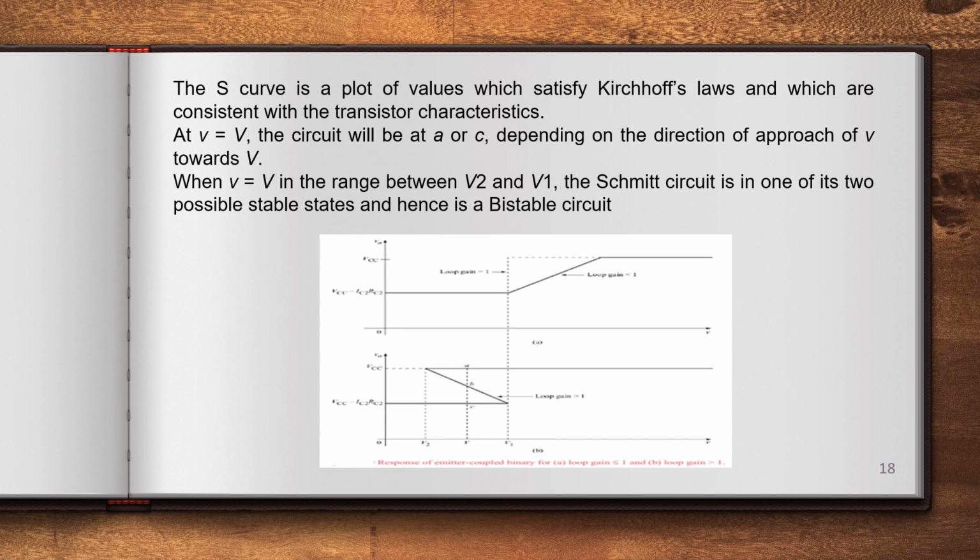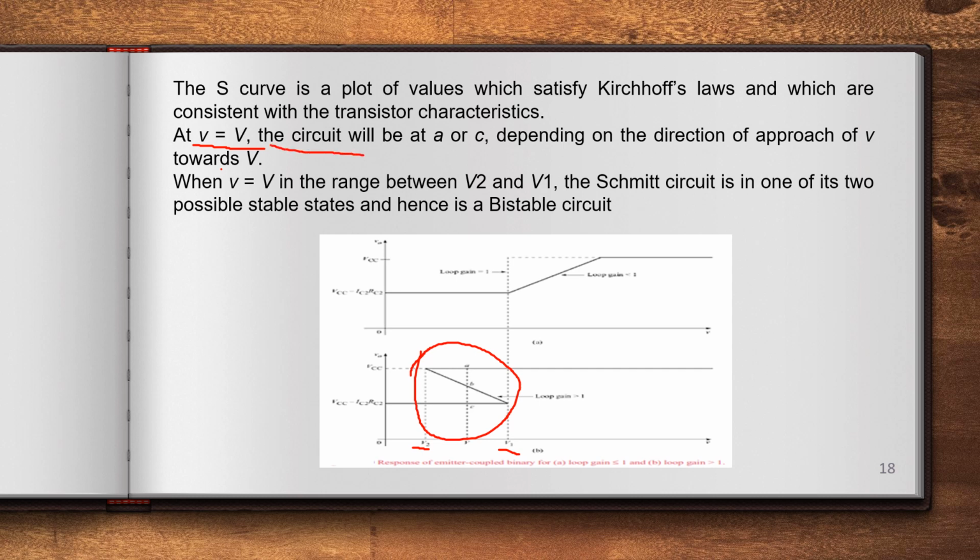The S curve is a plot of values which satisfies Kirchhoff laws and which are consistent with the transistor characteristics. At V equivalent to capital V, where V is the difference between V1 and V2, capital V represents the hysteresis voltage, which is the difference between upper trigger point and lower trigger point, V1 minus V2.